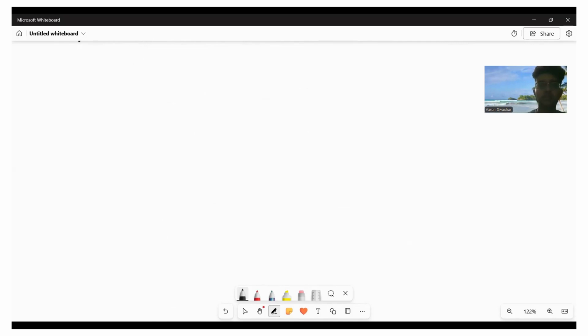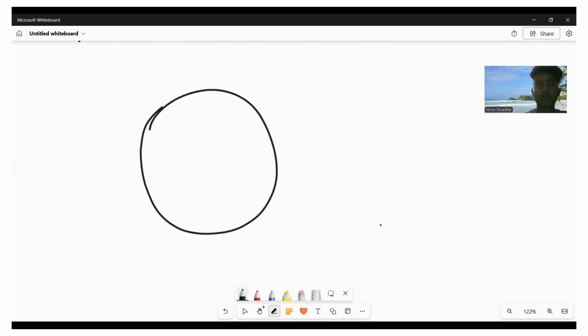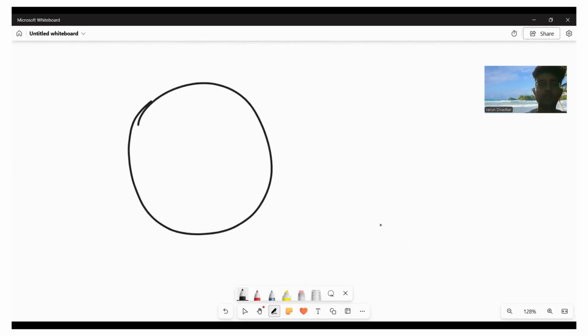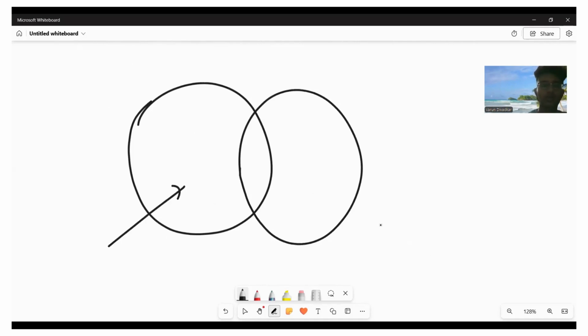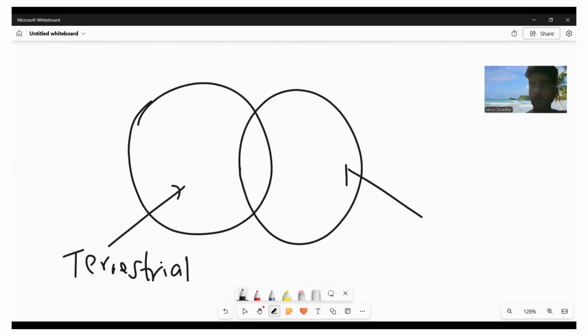So I said this is the circle of terrestrial animals and this is the circle of aquatic animals, right? So this is terrestrial and this is aquatic. So let's say the number of terrestrial animals under consideration are say 100 and the aquatic animals are say 150, right?